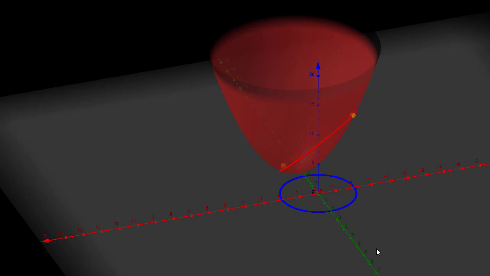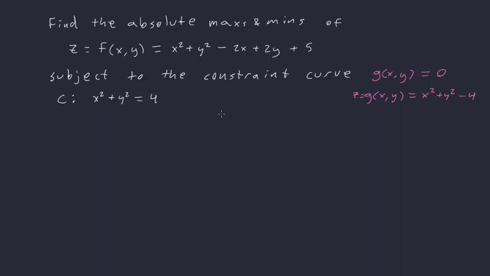Okay, so let's take a look at how we go about doing this. All right, so to do this without introducing any sort of new concepts, what we would do is this circle can be parameterized as a vector valued function.